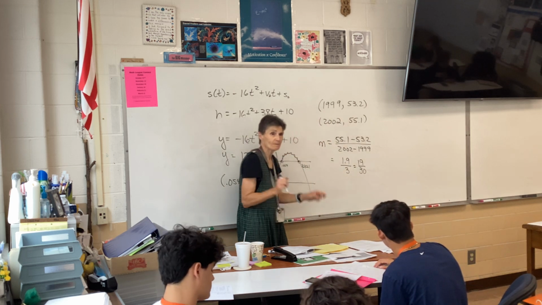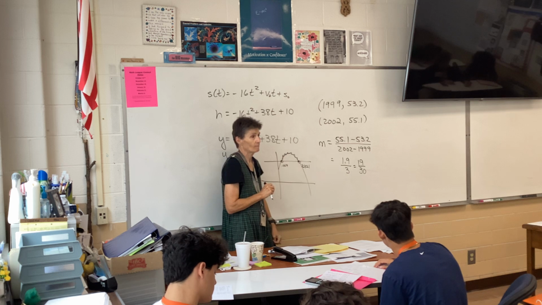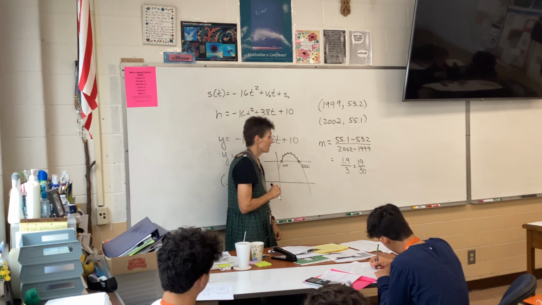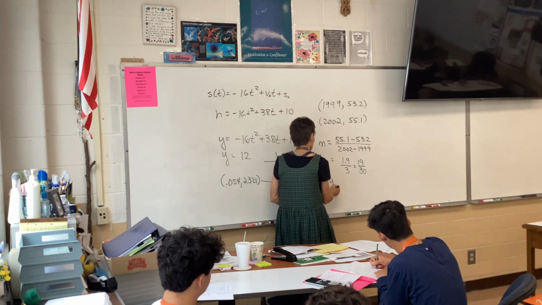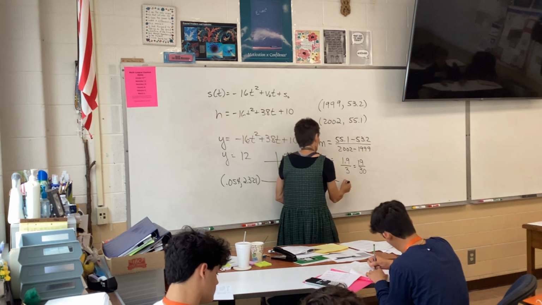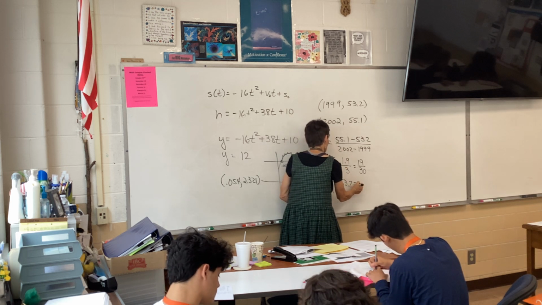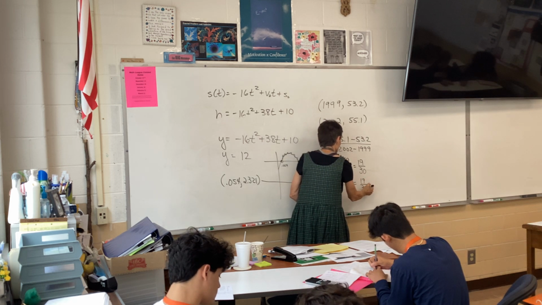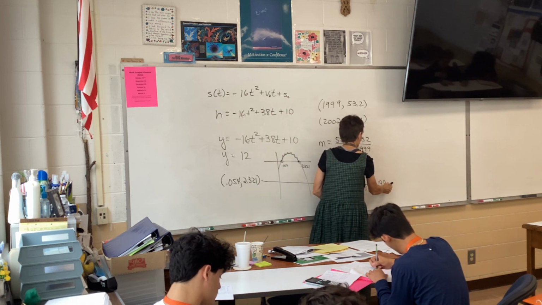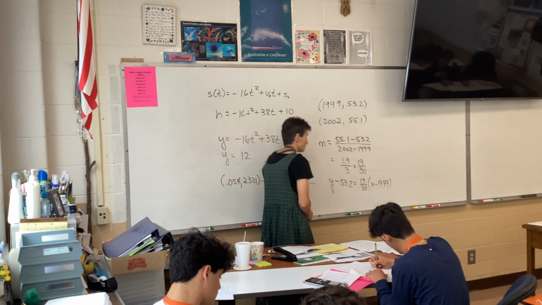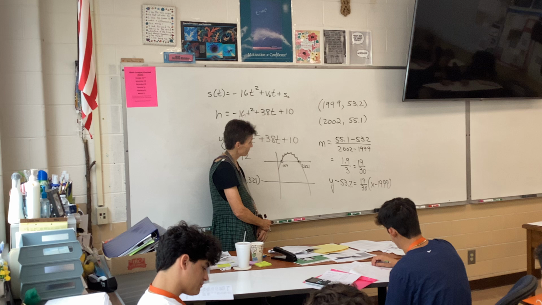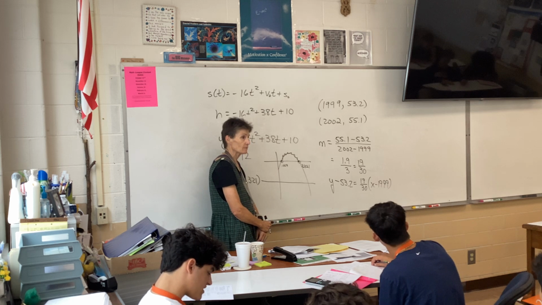So now I have a clean fraction. y minus 53.2 equals 19/30ths, x minus 1999. Is that okay with you?